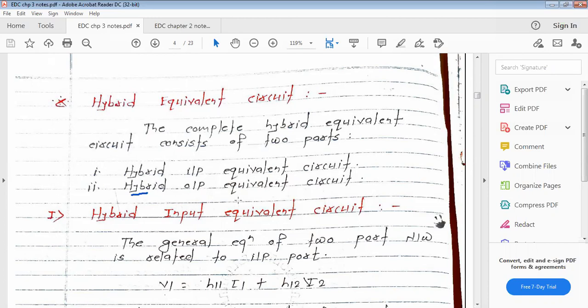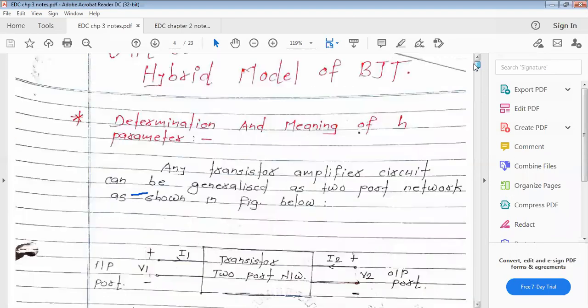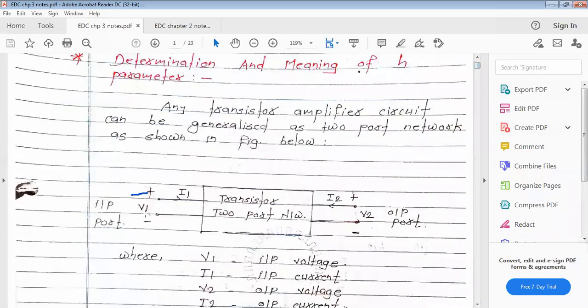Now see, in the two-port network, what happened? In the two-port, we are having two ports. Now, two ports means what? One is the input port, one is the output port. See, this is the input port, this is the output port. Now, for the input port, we are having again two components, input voltage and input current. Similarly, for the output, we are again having two points, output voltage and output current.